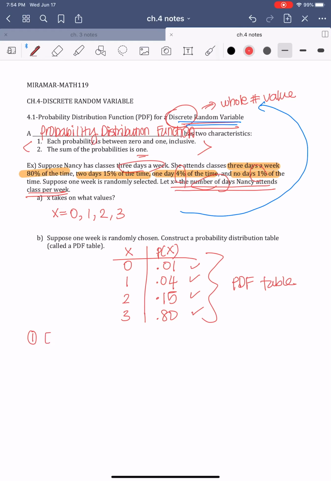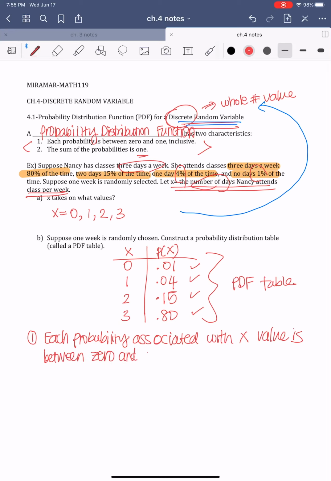So each probability associated with each X value is between 0 and 1.